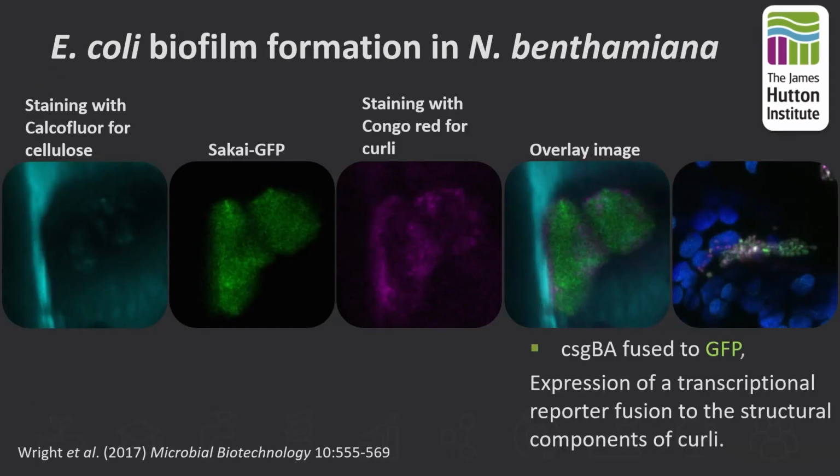By infiltrating stain into the leaf, we can see that the colonies are showing characteristics of biofilm formation, producing curly fibres which are associated with cell adhesion, here stained with Congo red. Further evidence was provided by the expression of this transcriptional reporter fusion to the structural components of curly.